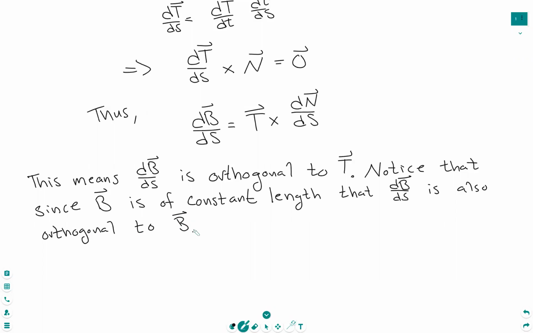That's that constant length derivative coming back in here. So this means dB/ds is a scalar multiple of N.